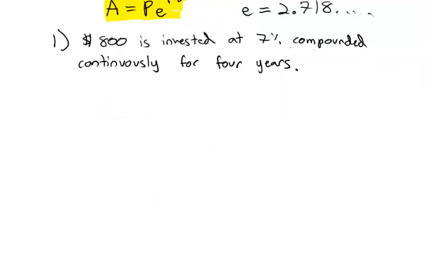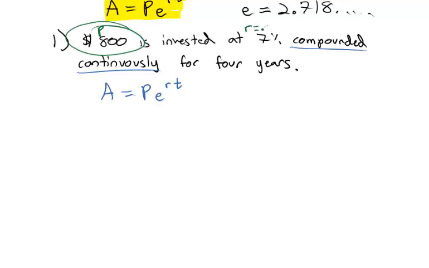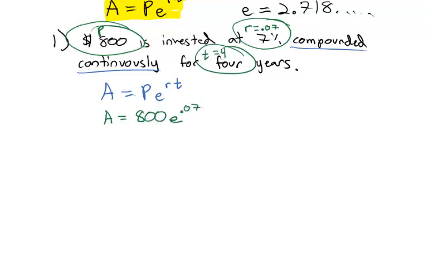Well, when we see it's compounded continuously, that's our clue that we're going to use A equals PE to the RT. And here P, we start with $800, invested at an interest rate of 0.07, and our time is 4 years. So let's plug it in. A equals P, the 800, E to the R, which is 0.07, times T, which is 4.